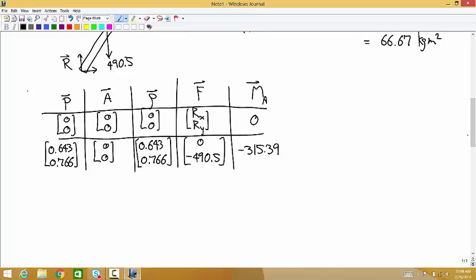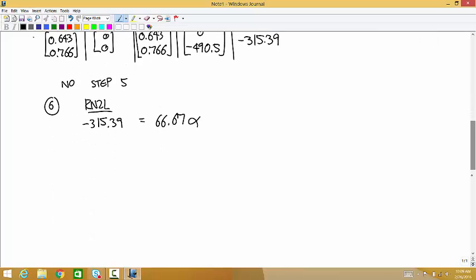Okay, step 5. That's Newton's second law. Do we want to use it here? No. So no step 5. Step 6 is the rotational equation, and that says negative 315.39 is equal to 66.67 times alpha. So what's alpha?